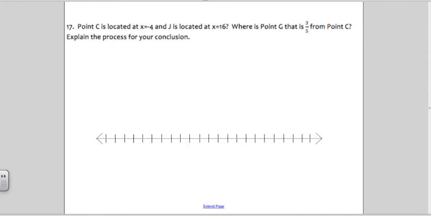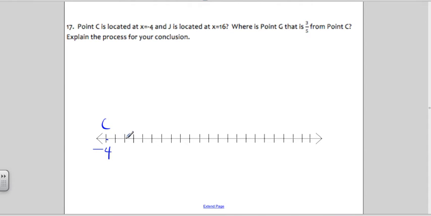All right, number 17. I have a point C at -4. So I'm going to start here at -4, point C. And then I need to count all the way to 16.